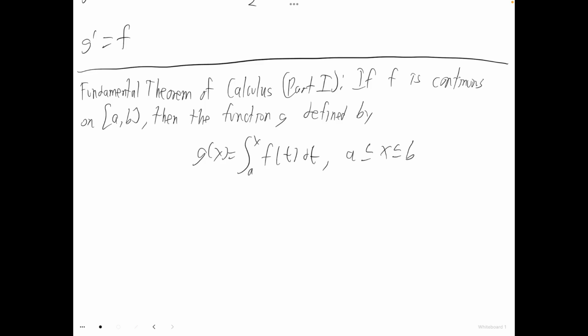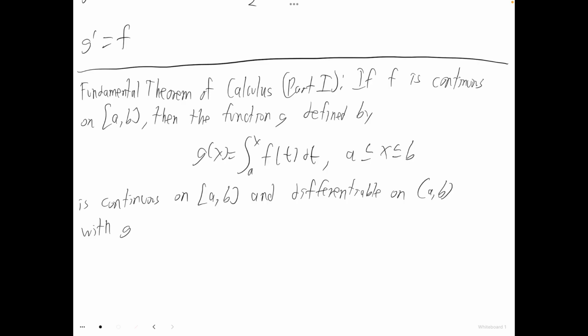So that's just saying that this only works for picking values of x in between a and b. So this function is continuous on the interval a to b and differentiable on the open interval a to b with the derivative of g equal to f of x.